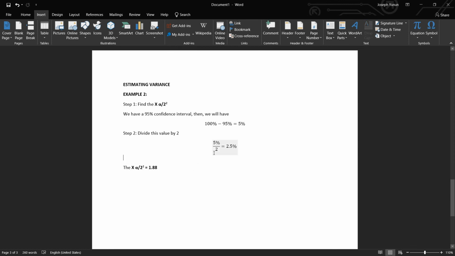Then step 3 refers to the chi-square table.